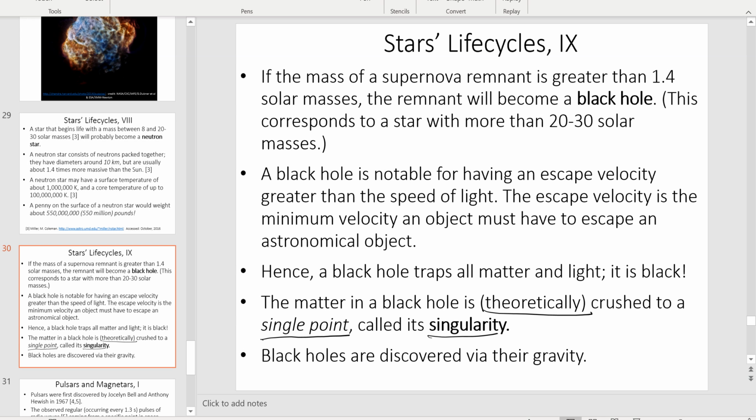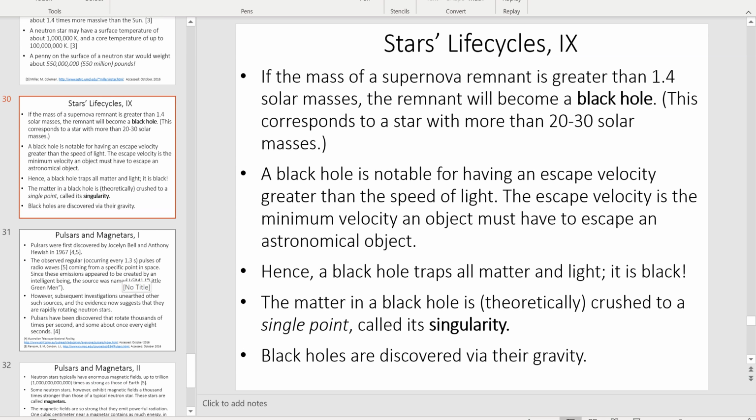So we'll need more advanced physics that hopefully we will obtain some time in the future to say what actually the singularity is. But for the purposes of trying to conceptualize a black hole, you can think of it as a single point, with the idea that that's the concept that comes from our theories of physics, although we really don't know.